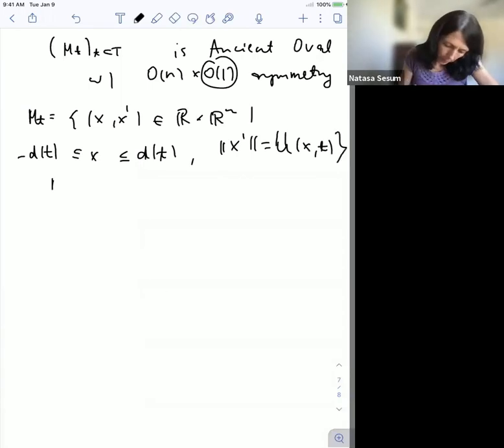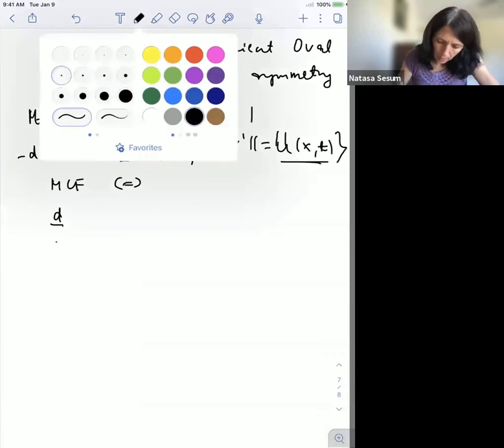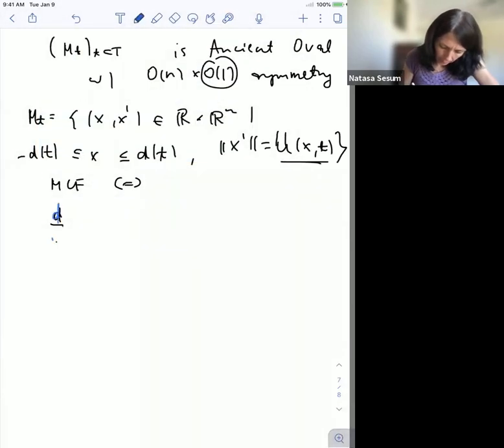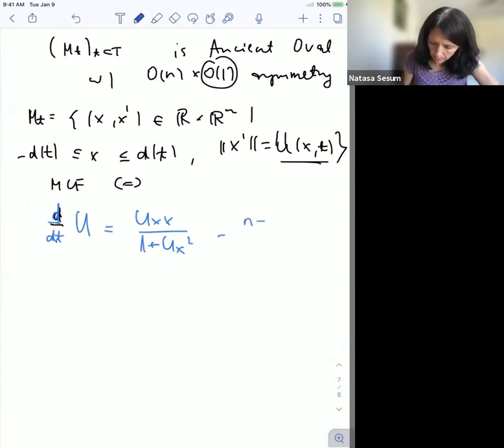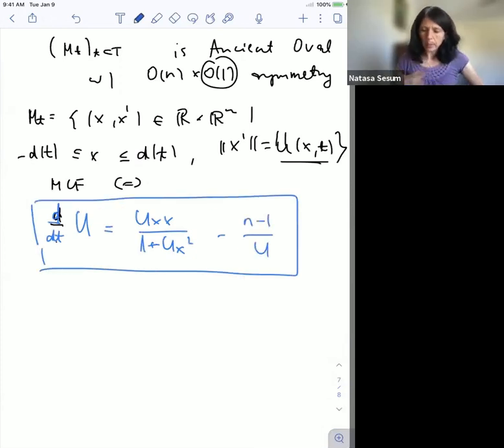And then the mean curvature flow equation is equivalent to evolving this u by the following equation. Let me just use some color. So I'm going to write: the partial derivative in t of u is u_xx over 1 plus u_x squared, minus (n minus 1) over u. So this is the equation that you will study in this case.